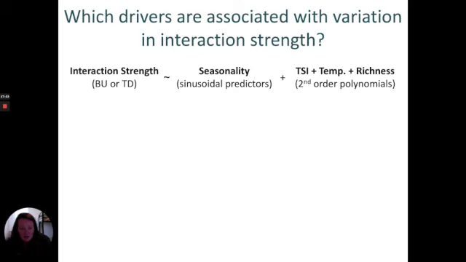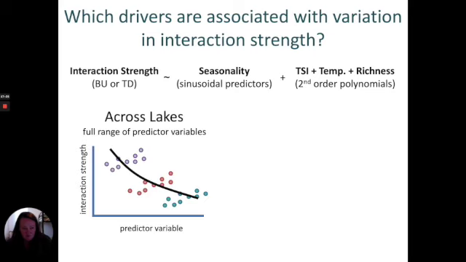So we have the trophic state index, that gives us information about the nutrients in the lake. We have water temperature, and then species richness. We model this both across lakes, so we put in all the interaction strengths from all the lakes and their environmental variables to look at how those things scale across lakes.